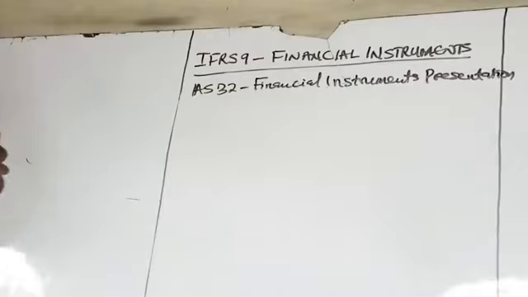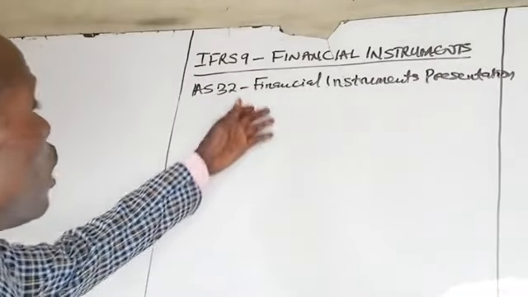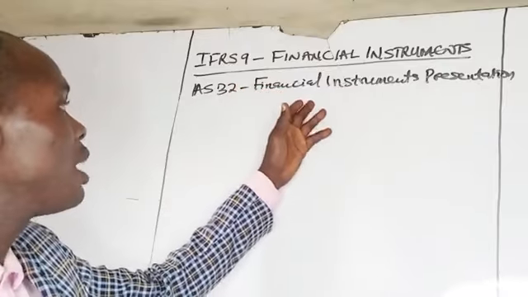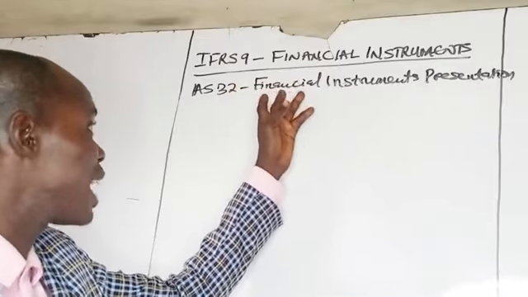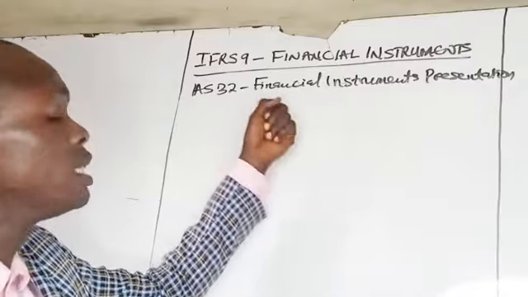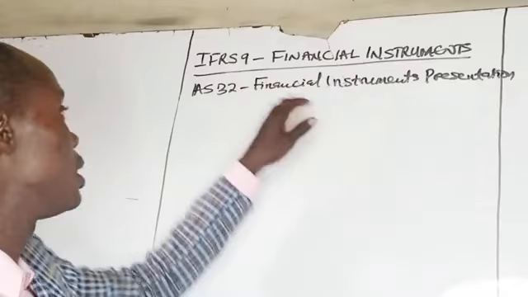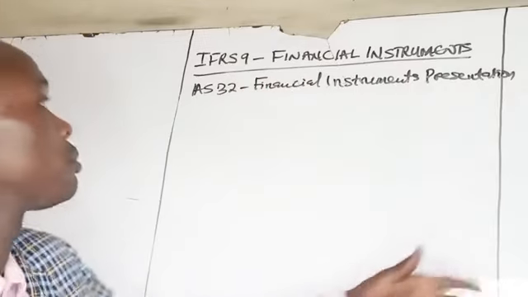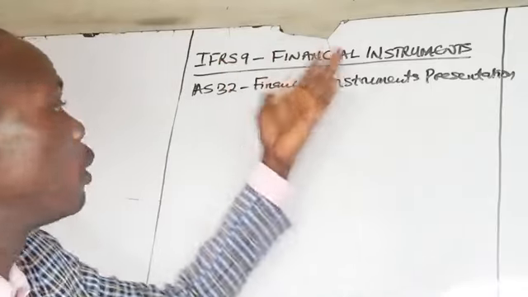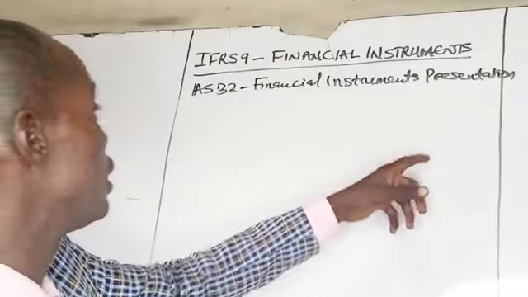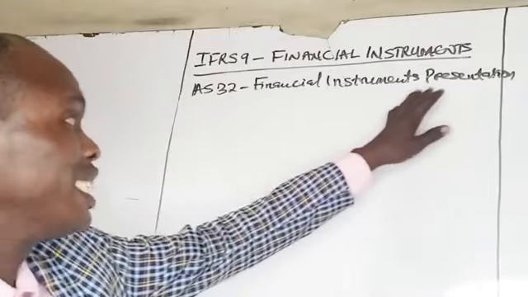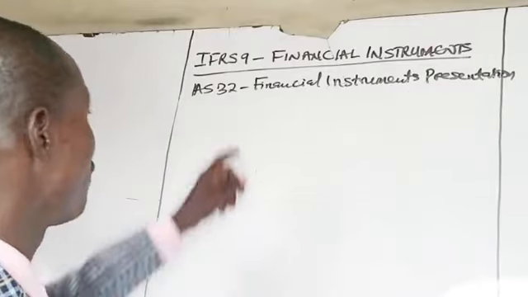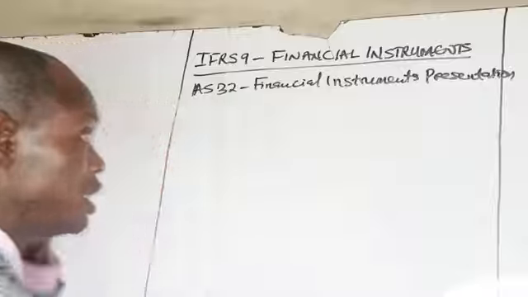IAS 32 focuses on measurement and recognition of financial liabilities, including compound financial instruments. That is, those instruments that have both equity component and liability component. These were covered in IAS 32, Financial Instruments Presentation.